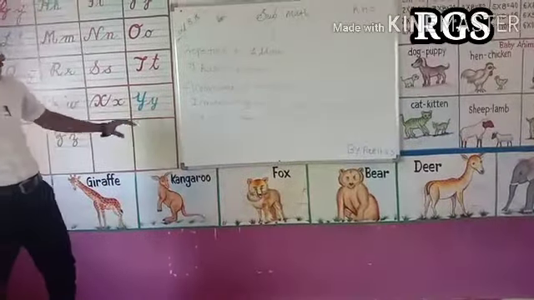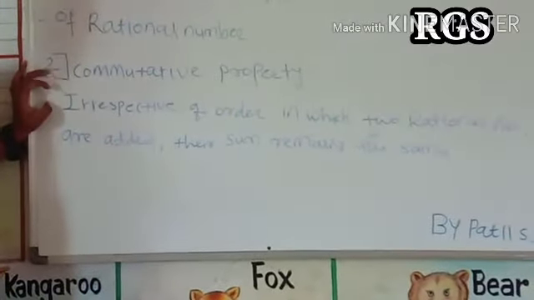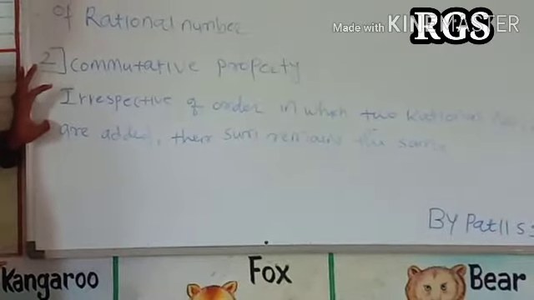Now see it. What is the commutative property? Irrespective of the order in which two rational numbers are added, their sum remains the same.